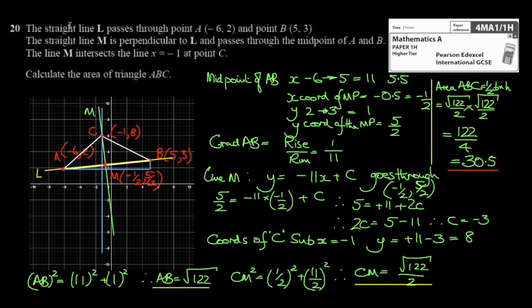And that's the end of a rather complicated question, made worse by the fact that all our work is done in a very, very small space. But there you have it.